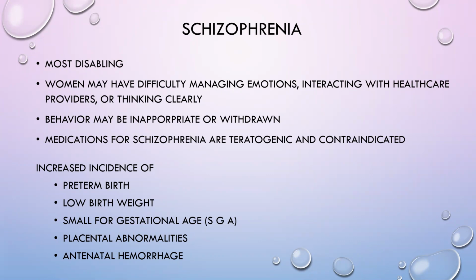They often present with inappropriate behavior. And know that medications for schizophrenia are contraindicated due to their teratogenic effects on the fetus. So women with schizophrenia are at higher risk for preterm labor, low birth weight, small for gestational age babies, placental abnormalities, and antenatal hemorrhage.